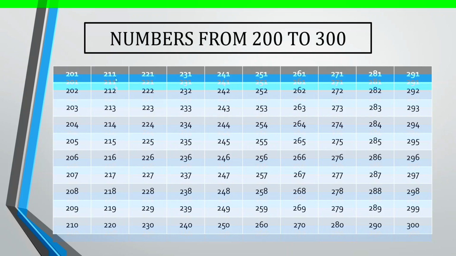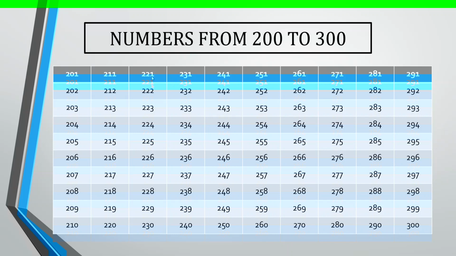Let's start. 211, 212, 213, 214, 215, 216, 217, 218, 219 and 220. In this column, you have to count the numbers from 211 to 220.